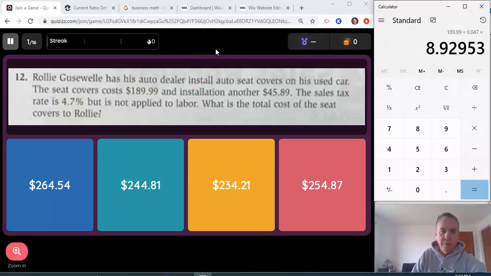So on our paper, let's go ahead and write down 189.99. And then our sales tax amount is that 8.929. So I'm going to go ahead and round that and put $8.93.